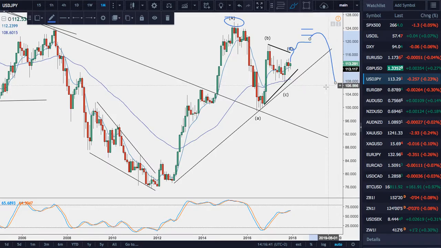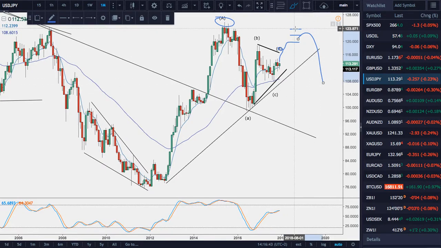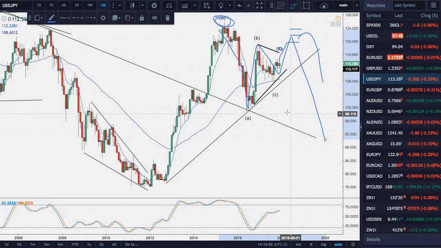The scenario in this case would be that we're looking at a B wave here and a C wave down. The view would be 1 here, a 3-wave correction into here, a 3-wave correction here, and then a move down for C. So it'll be A, B, C.